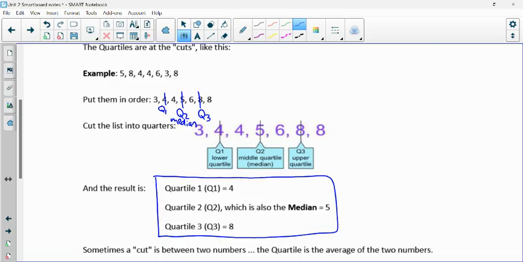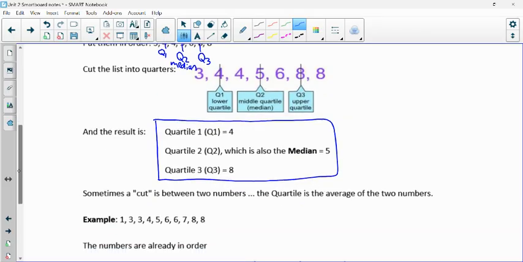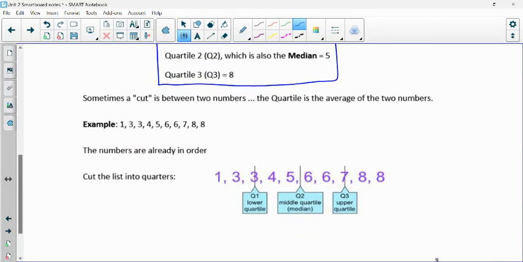Now, in this case, our cut lines were directly on the numbers every time. Remember, if the cut line is going to be in between two numbers, we have to do what with those two numbers? Add them, divide by 2, or find the average. Okay? So here our data is already ordered for us. I want to find the median first. So I have my 1 and my 8, my 3 and my 8, my 3 and 7, 4 and 6. And so 5 and 6 are my middle two numbers. So my cut line is going right in between 5 and 6.